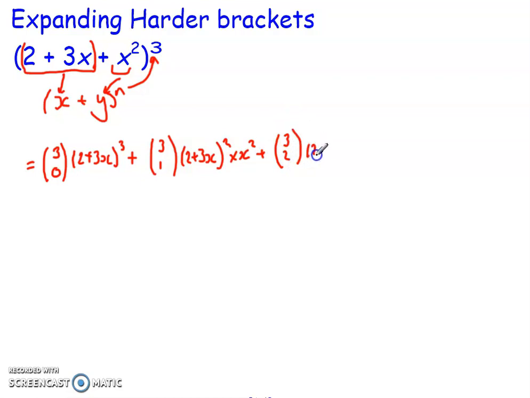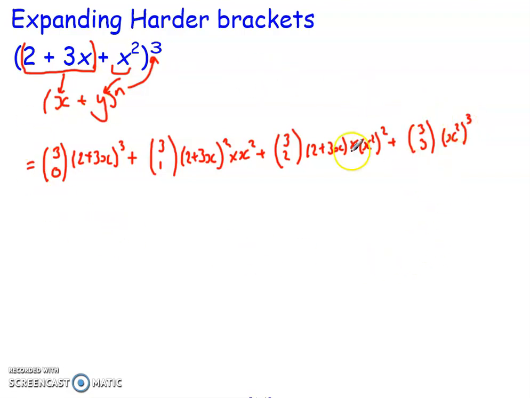I reduce the power again, so I get (2 + 3x) in the bracket, multiplied by the x squared raised to an extra power, which is squared. I'm then going to add on my final term, with the coefficient given by the 3C3. This time, all I'm left with is my y, so that's the x squared, this time to the power of n, which is cubed.